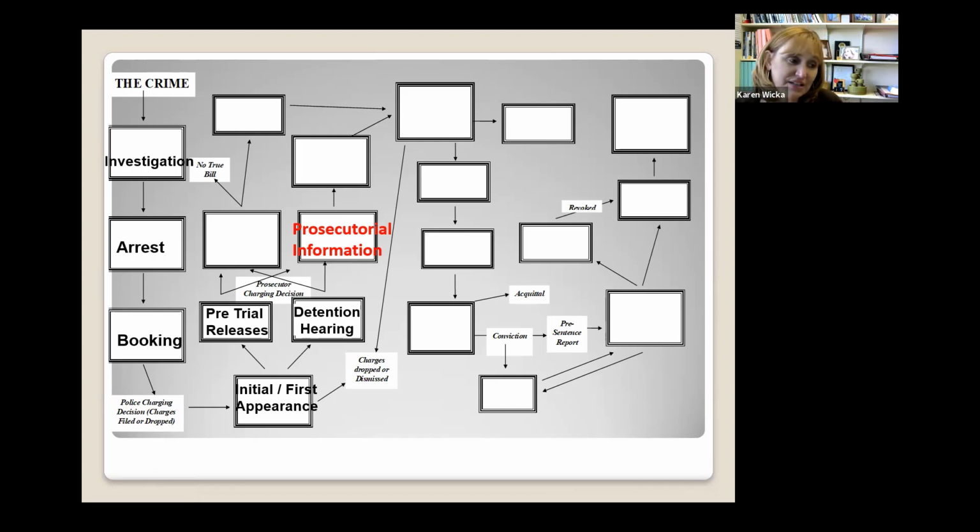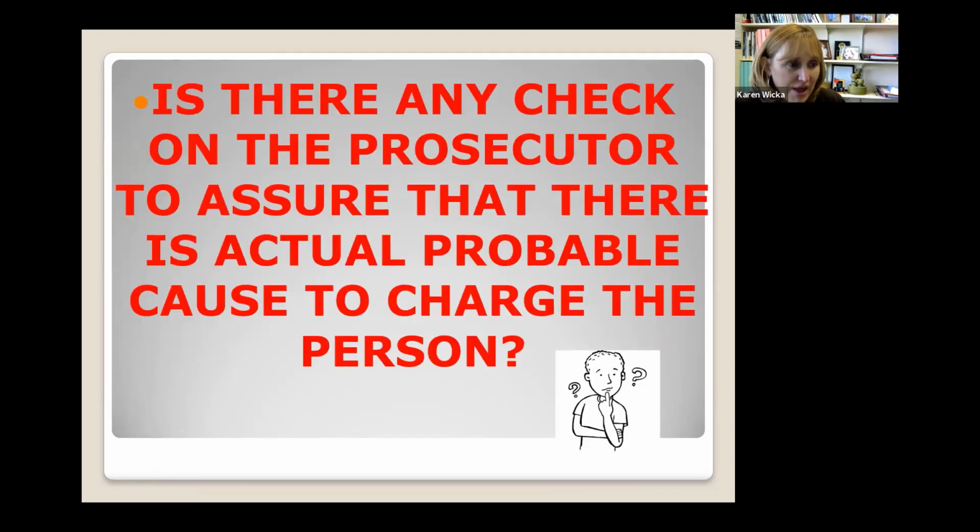So sometimes you're arrested for one crime, but you're actually prosecuted or tried for a different crime because the prosecutor can change it. If it's a misdemeanor, the prosecutor decides it and writes up the charges and submits them to a judge.